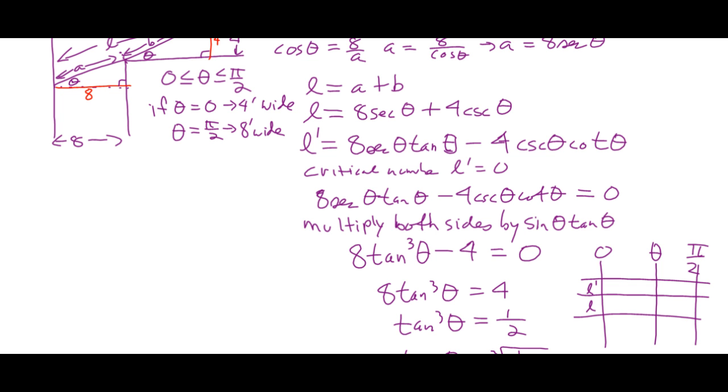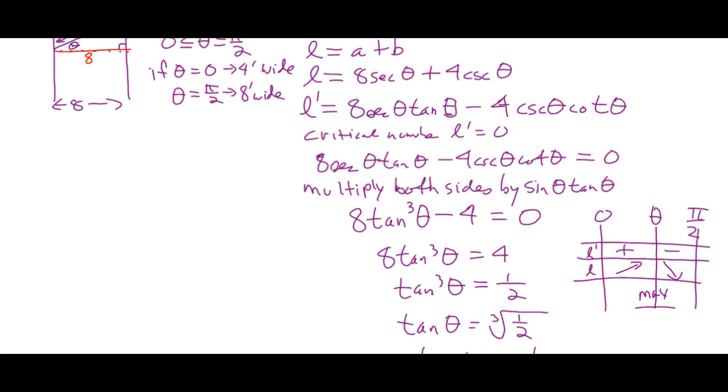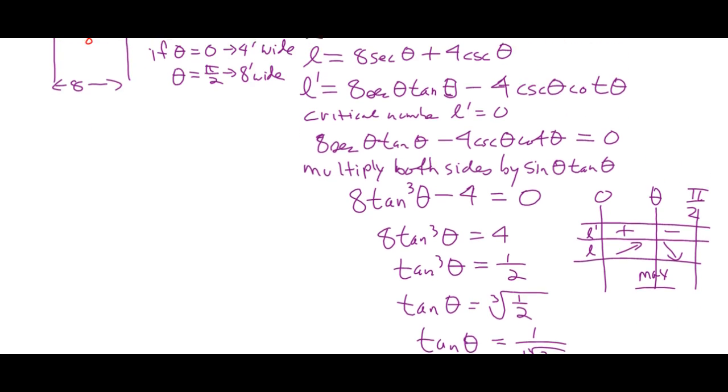It would be positive. And if theta is really close to pi over 2, then will this be positive or negative? Negative. Increase, decrease, max. Okay, so algebraically we've shown there will be a max.